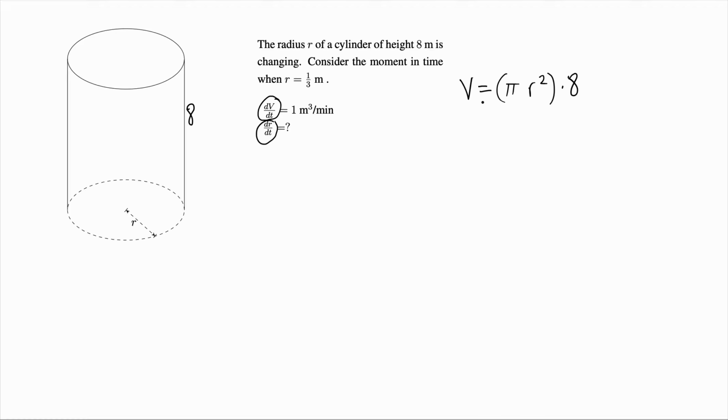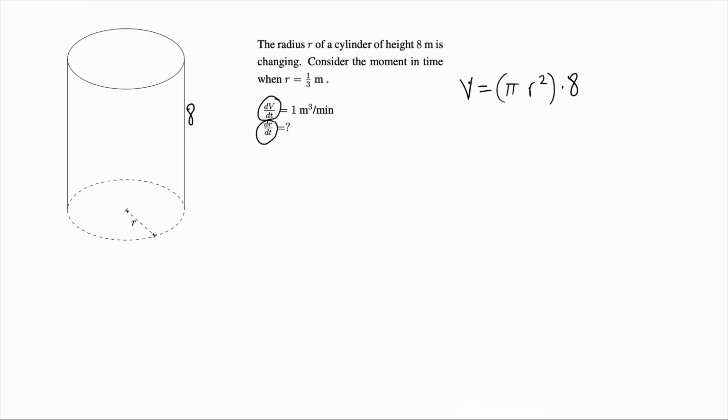Now you just need to find the derivative equation. That relates dV/dt and dr/dt together, and that'll come about via the chain rule as you take a derivative of this side, which is a function, and that side, which is a function. We're saying these two functions are the same, so the derivatives better be the same.